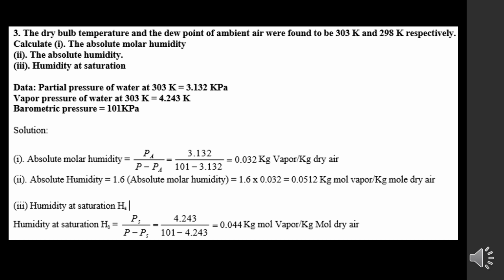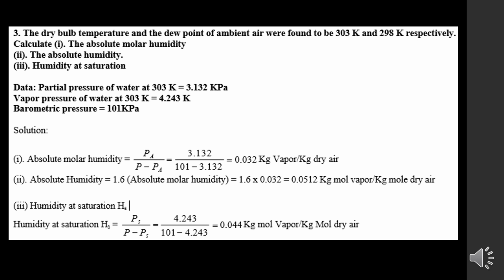In this solution, absolute molecular humidity is partial pressure divided by total pressure minus partial pressure. So this is the formula. Here we are substituting the partial pressure of the water divided by barometric pressure, which is the total pressure. On substituting all the values and calculating, we have obtained 0.032 kilogram vapor per kilogram dry air.